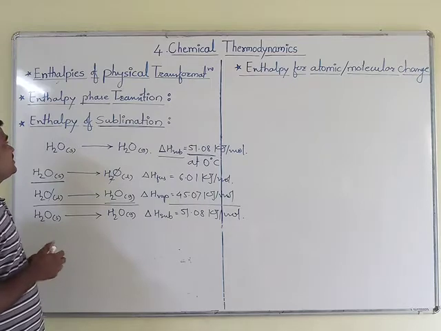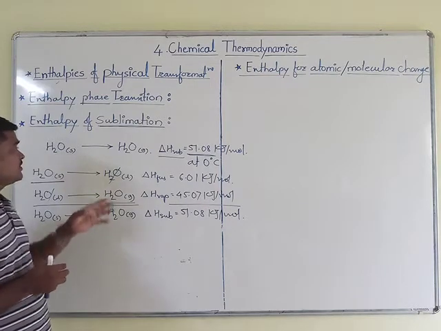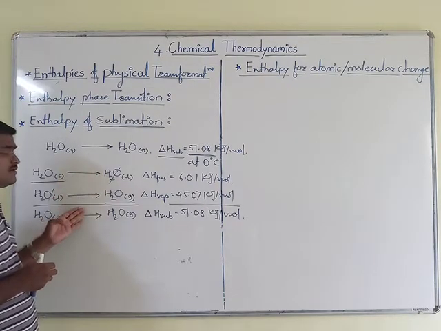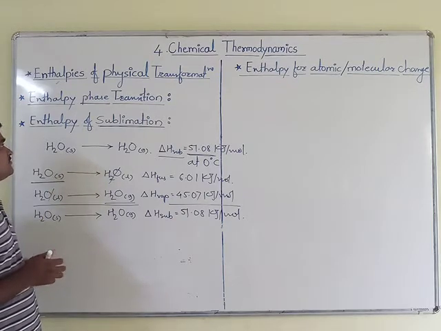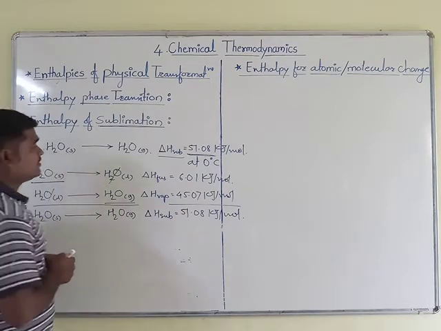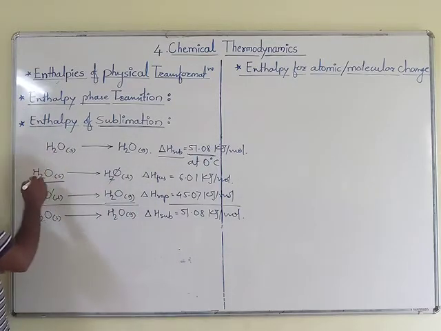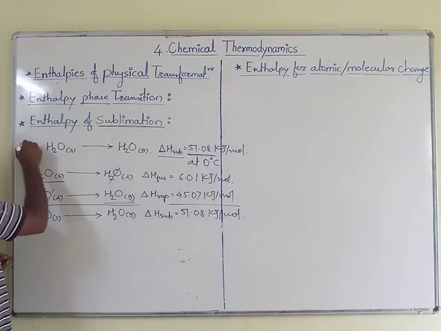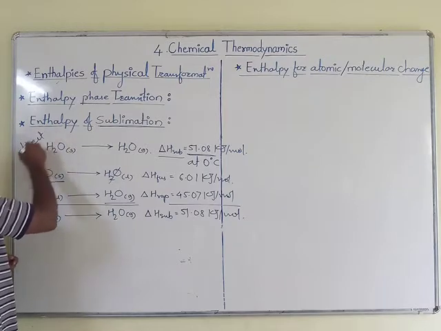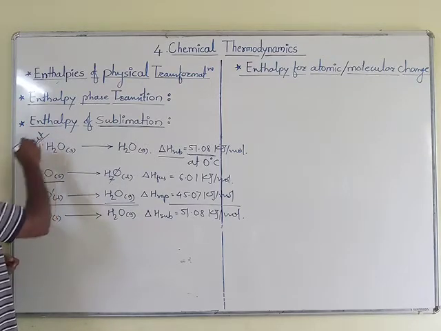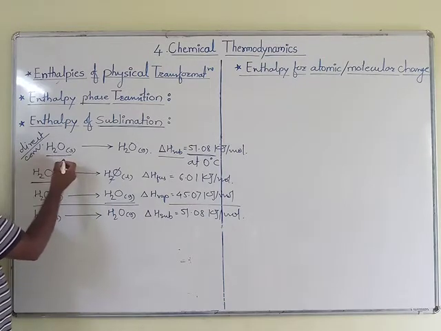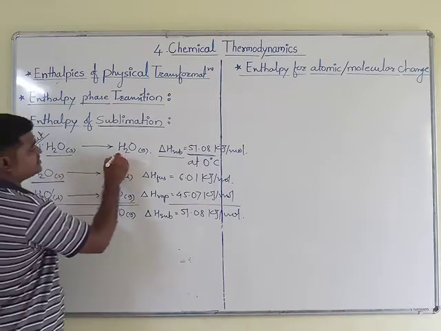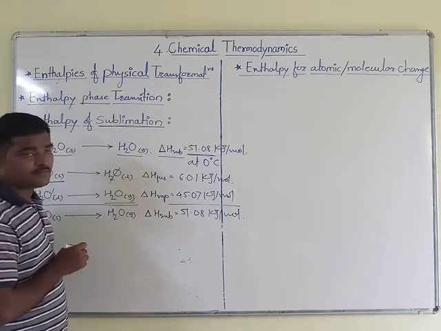Now in enthalpy of sublimation, the example which I have given is in front of you. Here we have seen two processes. This is the direct conversion. But if we split this step, H2O solid, that is ice, directly converts into the corresponding vapor state.